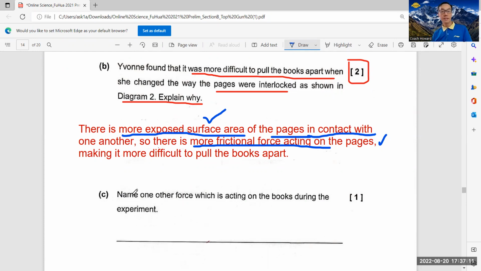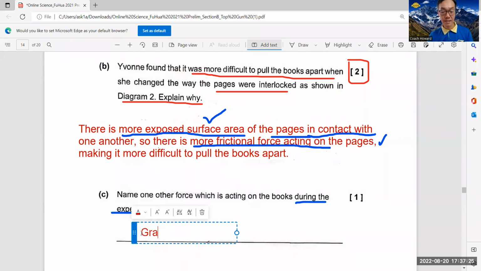Okay, next is name another force which is acting on the book during the experiment. So during the experiment, the other force is gravitational force. Otherwise, the books will fly out. So it's gravitational force.